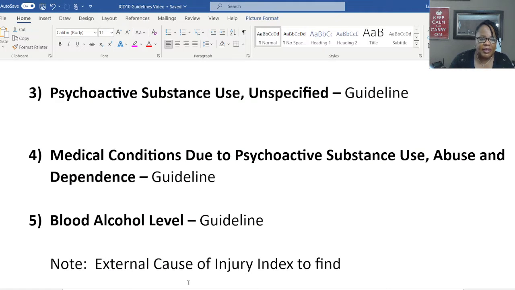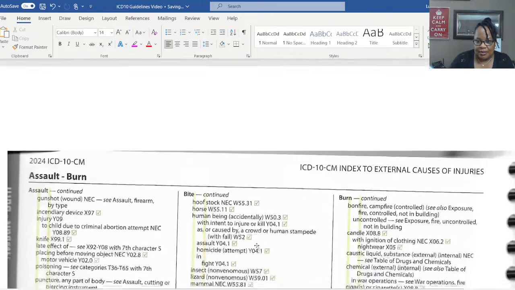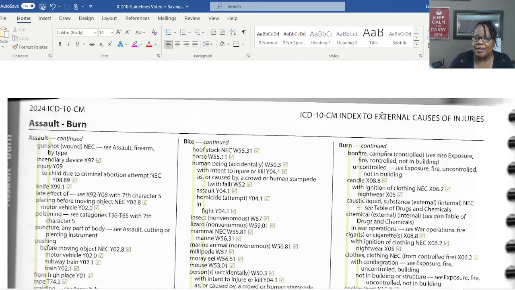At number 5, I put a note here, and I should have had that in purple for Codemaster Coach, that says external cause of injury index to find for these blood alcohol levels. So I'm in the ICD-10-CM index to external causes of injuries, not the alphabetic index to diseases and injuries.